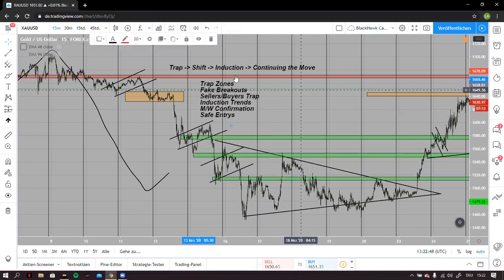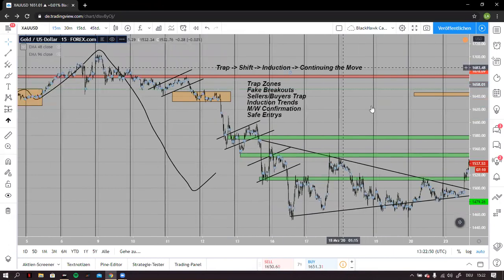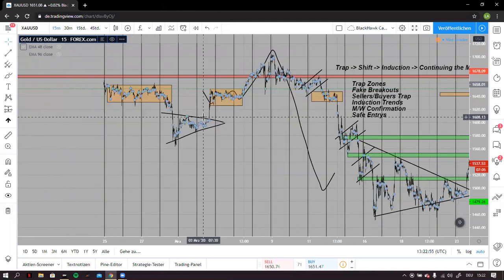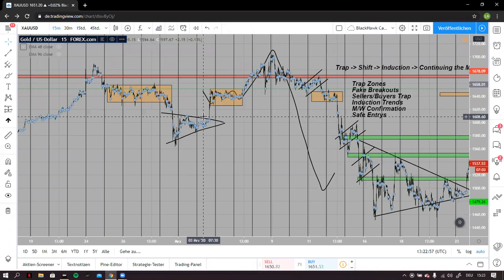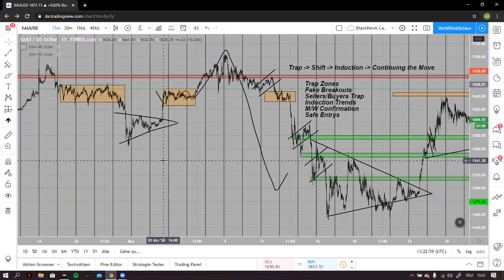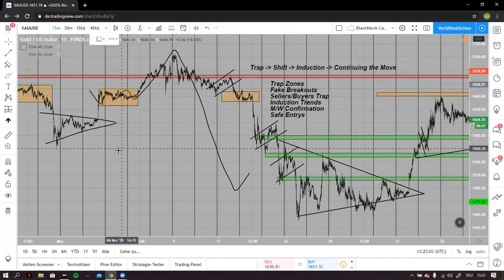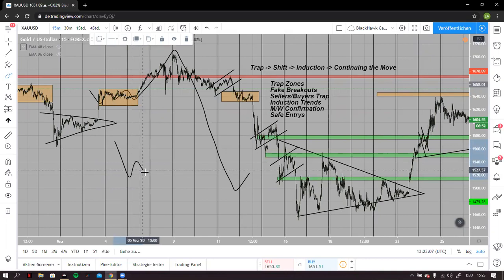We are starting with trap, shift, induction, and continuing the move. So, what are traps? Traps are common setups which we are trading, like the wedge pattern shown here, where the market makes a low, makes a peak formation, then drives lower while retail traders think this could be a valid buy.